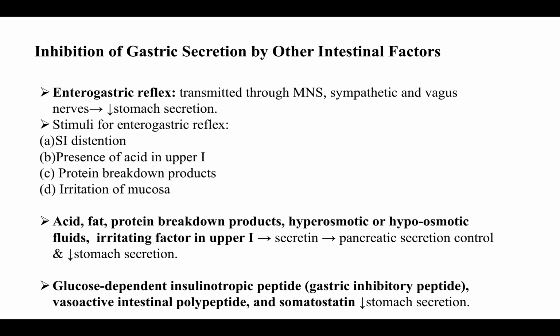We'll talk about the pancreatic secretion next lecture, inshallah. And secretin will result in decreased stomach secretion. Glucose-dependent insulinotropic peptide or gastric inhibitory peptide, GIP, vasoactive intestinal peptide, and somatostatin also reduce the stomach secretions.